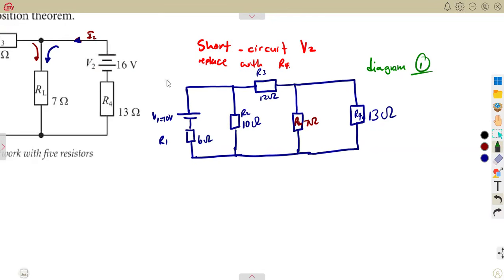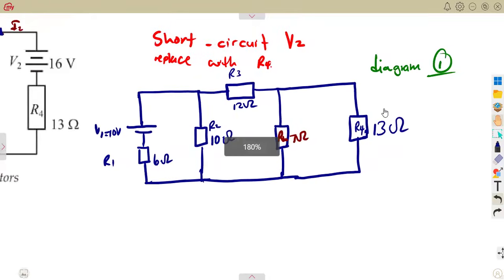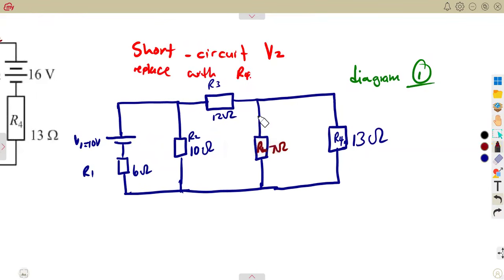From our diagram 1, analyzing here, we can see that we need to calculate the current across the load here. So let us call this IL1, since this is our first calculation that we are doing. How can we determine this current? If we can determine the supply current, remember this is where the supply voltage is. So the total current I1 is going to be here.